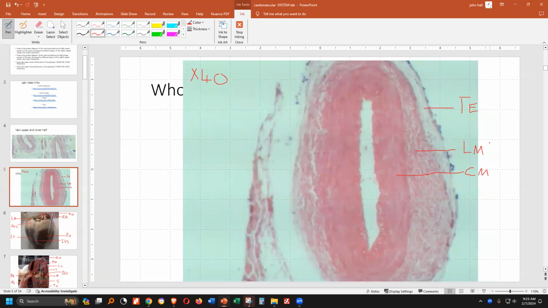And both of these make up the tunica media. And then inside here now, this frilly looking layer is the tunica intima. Right? So that's all I have here to draw.